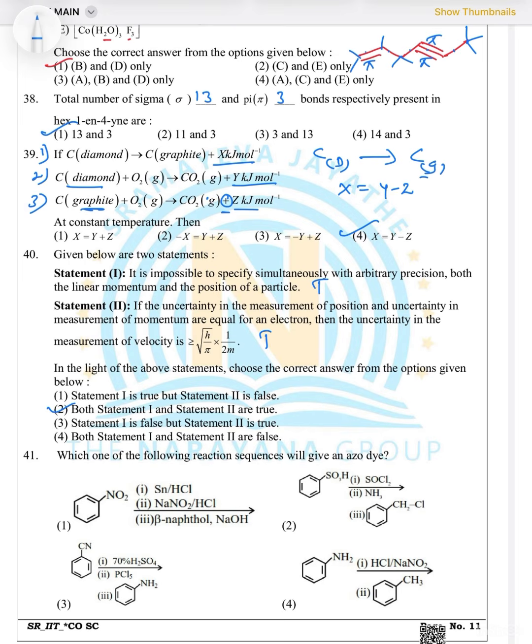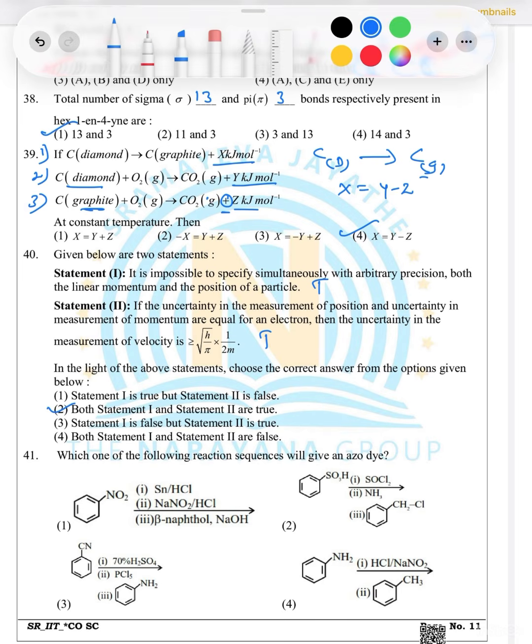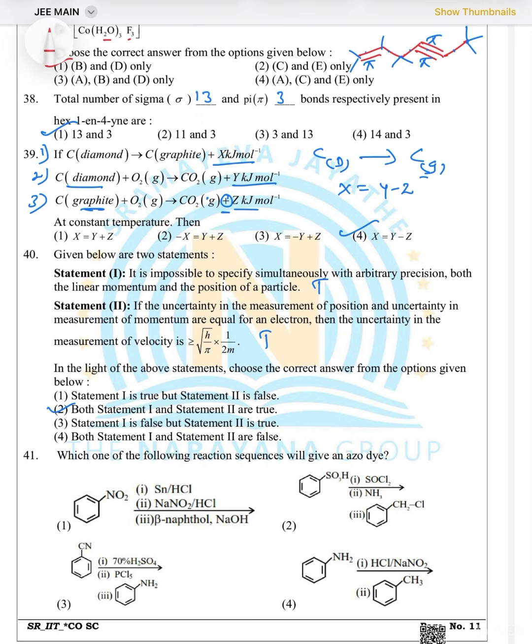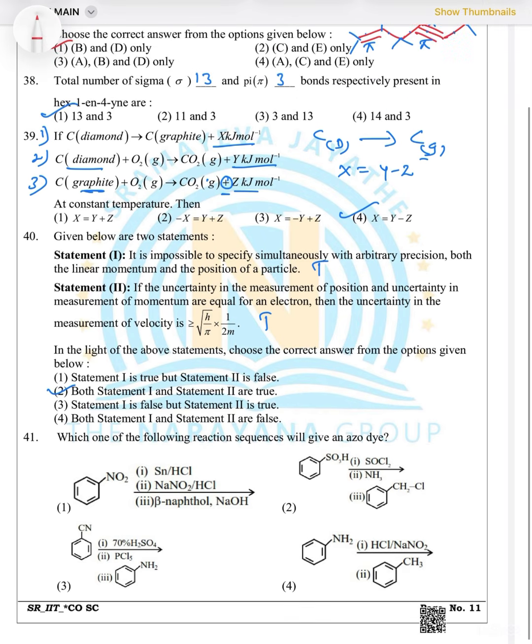So we know the formula for Heisenberg's uncertainty principle, right? Now let us see once what it is: delta x delta p is greater than or equal to h by 4 pi is the formula.